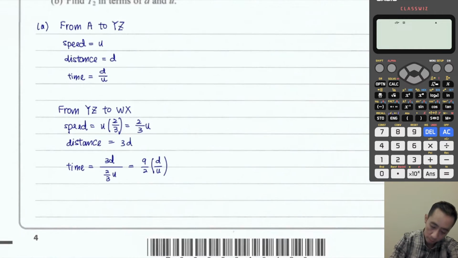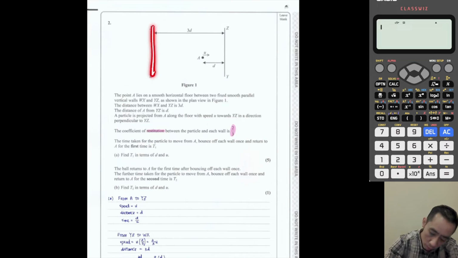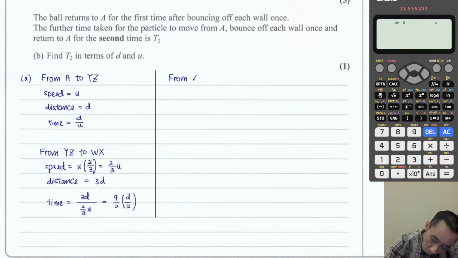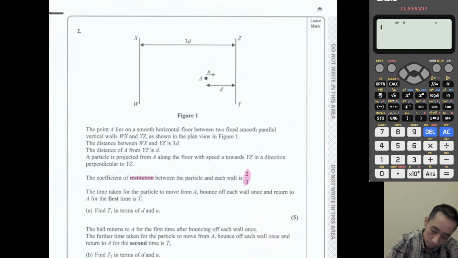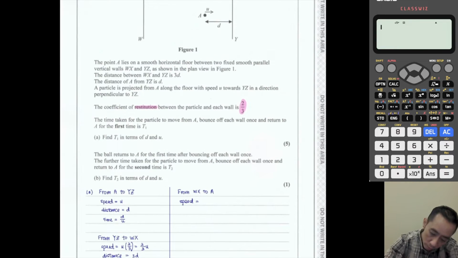Okay, now after that, from this wall, we go back to this point A. So from WX to A, what is the speed? When the particle is moving to here, the speed is 2/3u.